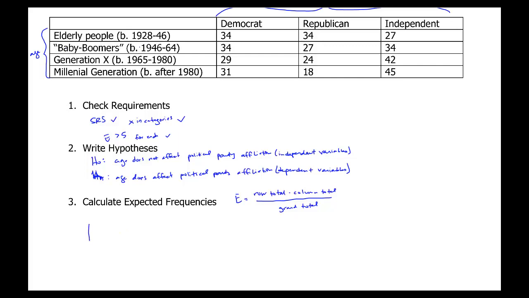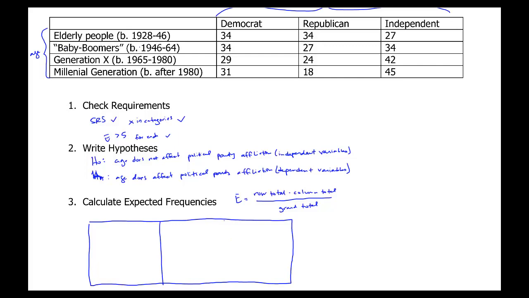So it's nice sometimes to just make a new table for your expected frequencies. And then you'll have a table of observed frequencies and a table of expected frequencies. And all the numbers will be kind of in the same places.